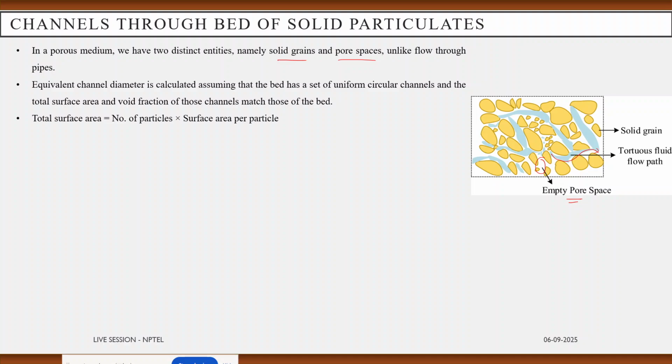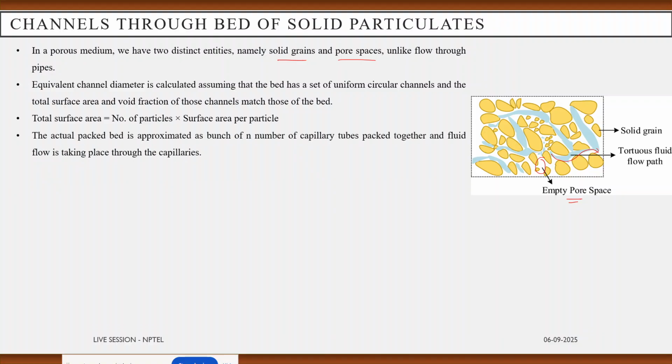So obviously when there is a bed, the total surface area of that bed will be the number of particles into the surface area per particle. For irregular shaped particles, we already discussed in the very first class the properties of the particle, where we calculated the surface to volume ratio for a sphere, and we also learned about the sphericity concept for irregular shaped particles.